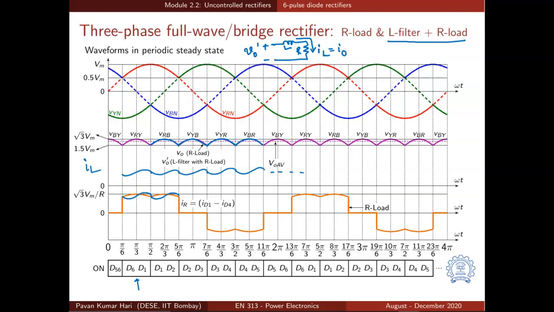The same current waveform IL will be equal to the current flowing through D4 in these intervals. So the negative of that will appear here. So the source current will look like the last blue color waveform that I have shown for an RL load. This is the current waveform for an L filter with R load.